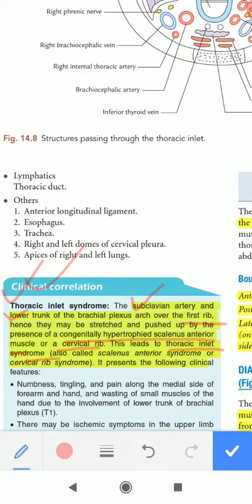That means this will compress the subclavian artery as well as the lower trunk of the brachial plexus and produce some signs and symptoms. This clinical condition is known as thoracic inlet syndrome. Other names are scalenus anterior syndrome or cervical rib syndrome.